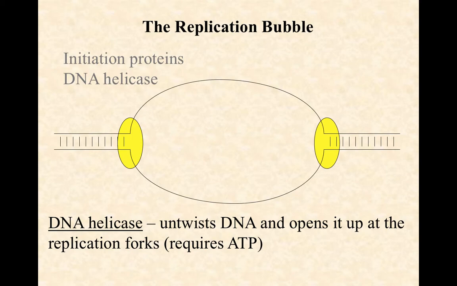So by forcing the coil in the double helix to untwist, it's going to pull apart the nitrogenous bases and open it up at the replication forks. You can imagine this is going to take energy, so this is very ATP intensive. It's going to consume a lot of ATP.